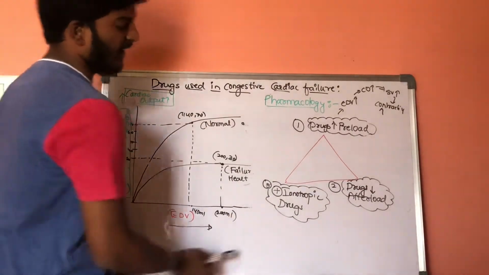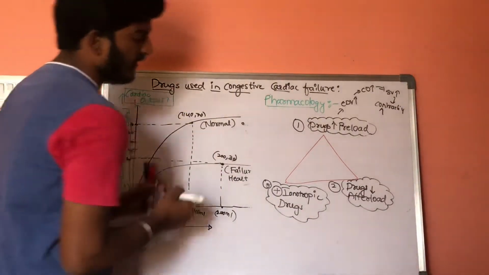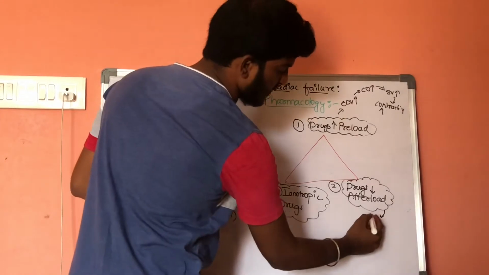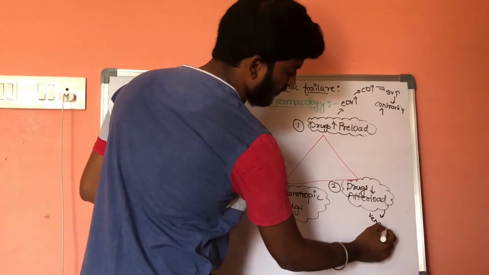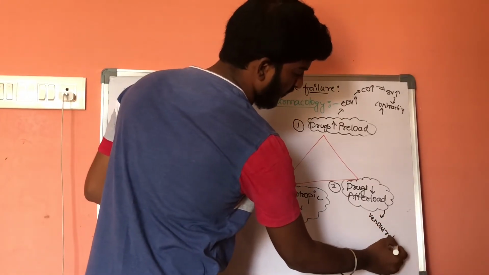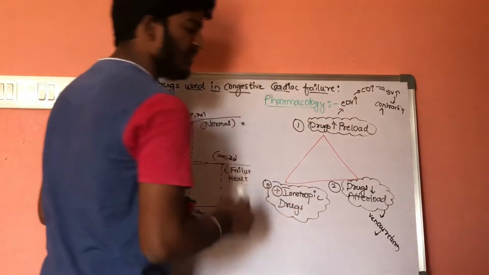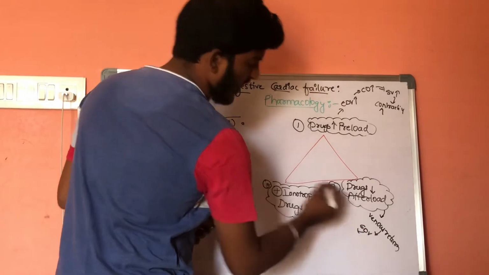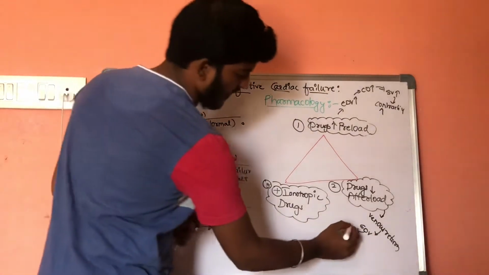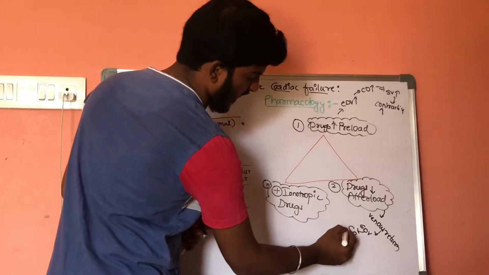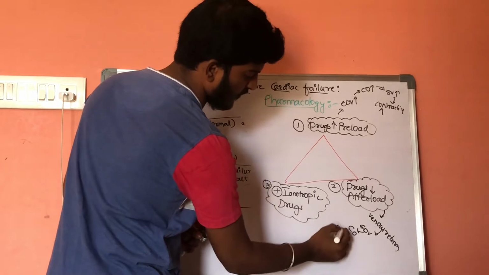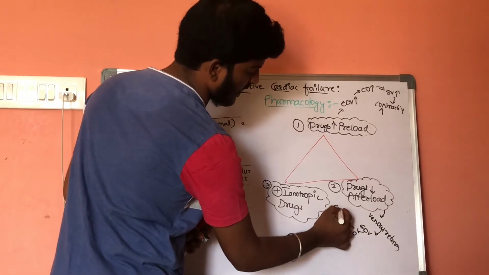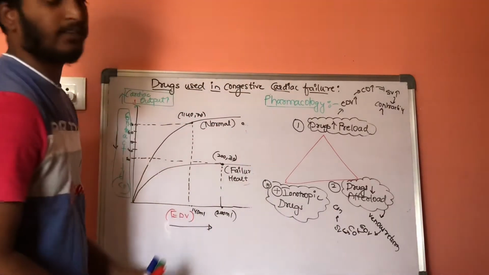Now if we decrease the afterload, the venous return will be increased. When venous return is increased, end diastolic volume will be increased. As end diastolic volume increases, cardiac output will increase, stroke volume will increase, and contractility will increase. In this way, it will be useful.